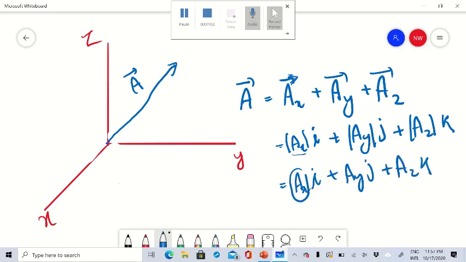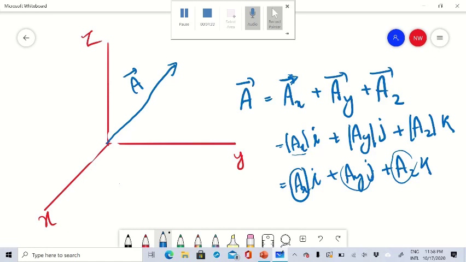So this is just a scalar quantity, since I don't have any arrowhead above this letter. This is the magnitude of the vector in the x direction, this is the magnitude of the vector in the y direction, and the magnitude of the vector in the z direction, right? So if we have a vector A, we can resolve it into three rectangular components: Ax, Ay, Az.